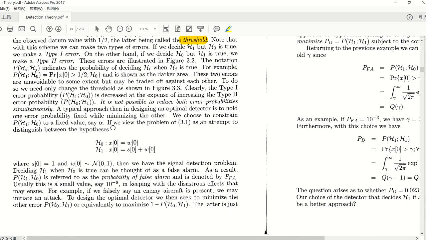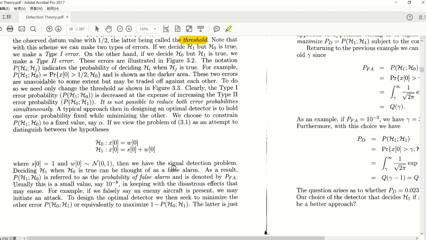So here comes the signal model. If we view the problem as an attempt to distinguish between hypotheses, H0 has only the noise: X equals W. H1 is signal plus W. If we set S0 equal to 1, then W will be distributed by this normal distribution.